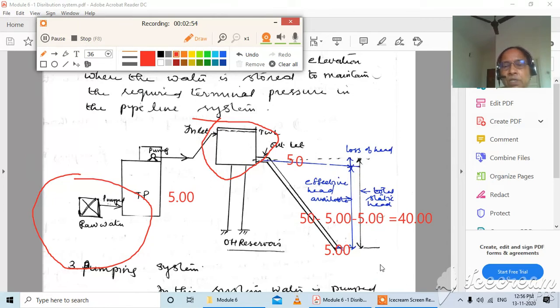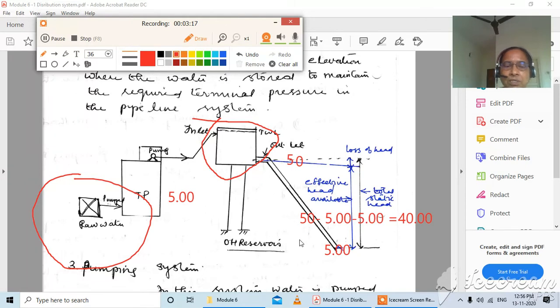That is how we design or fix the elevation of this overhead reservoir. This is the system of pumping and gravity combined, the combined pumping and gravity system.